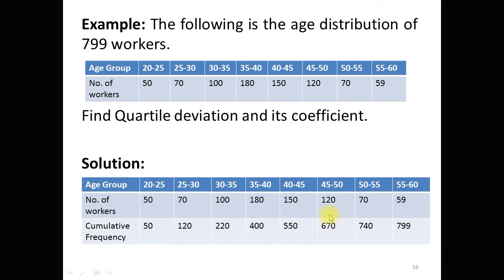This range shows that from position number 551 to position 670, this class lies. So Q3 lies in this class. The frequency of this class is 120, the lower limit of this class is 45, and the one step previous cumulative frequency of this class is 550.